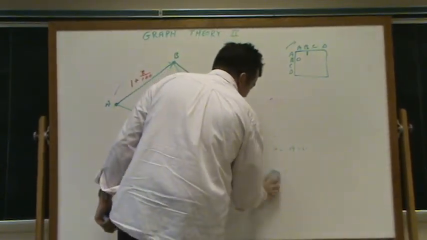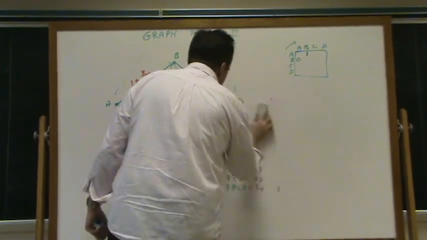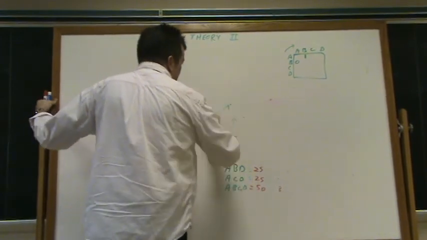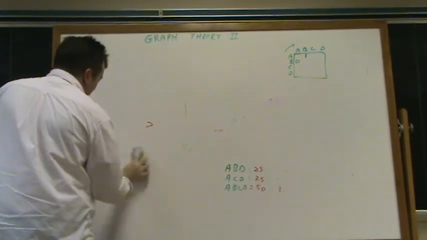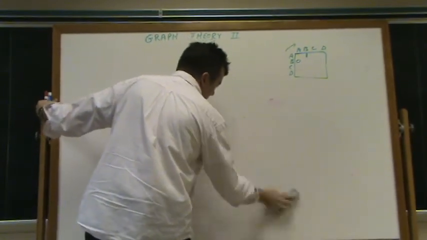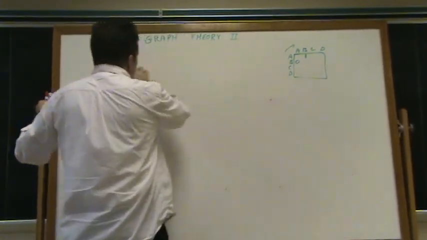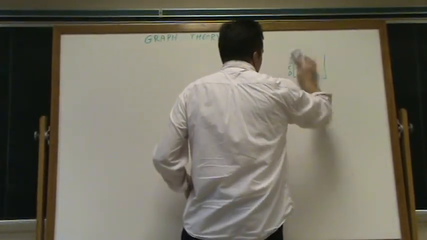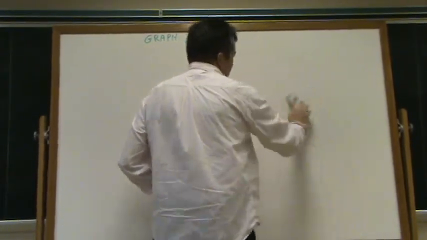Okay, and then another kind of interesting, this is just one of those intuitive questions. If we had a graph, this is one without edge values or node values.